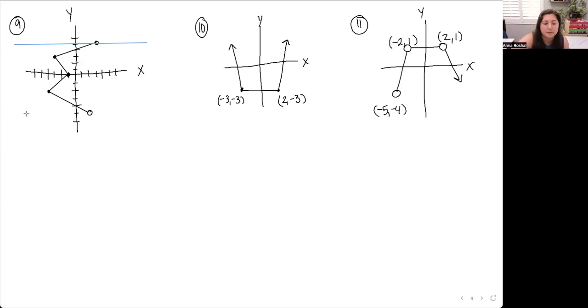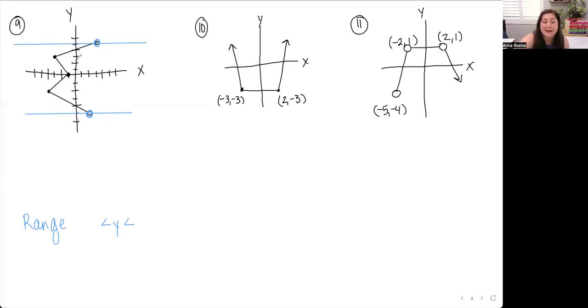Not sure why that didn't show up. So because I started with my y values, we're going to start talking about the range first. So my range, we know, is always my y value. We also know that I have an open circle here and an open circle here. And because they're both open circles, we know that it's just going to be both less than symbols instead of the less than or equal to symbol.